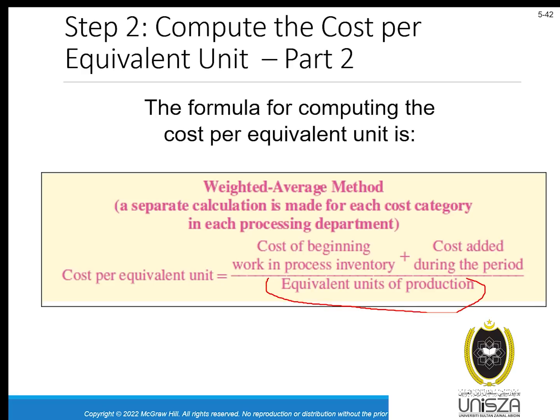The equivalent units of production were already calculated in step 1, in the previous step, so we can get the cost per equivalent unit using this formula.